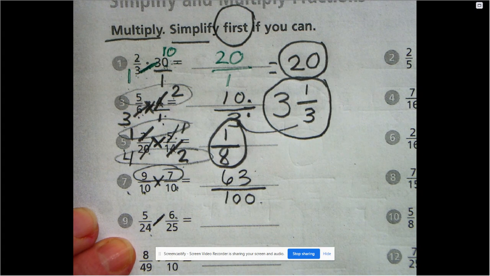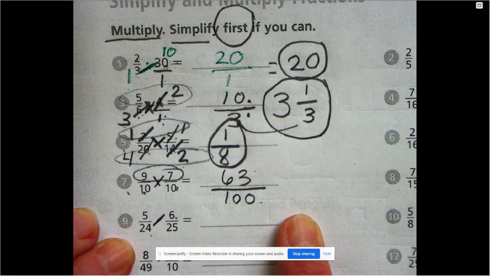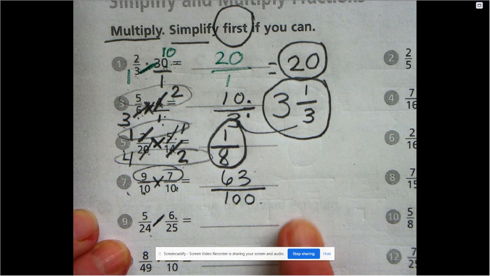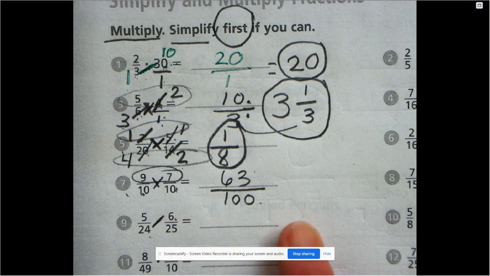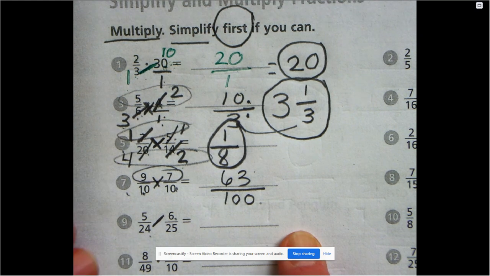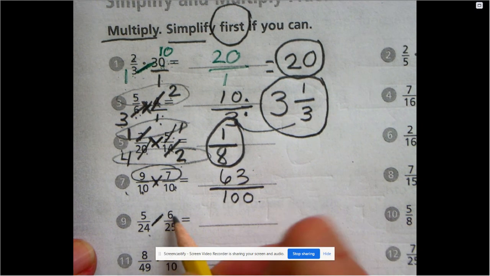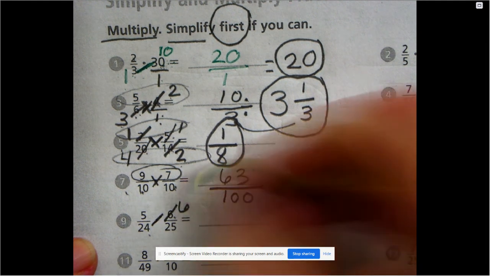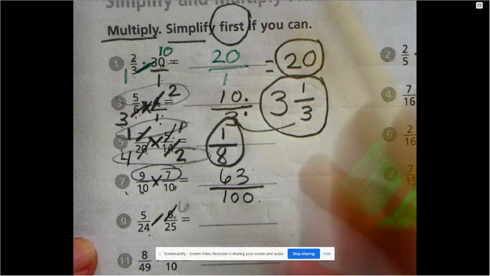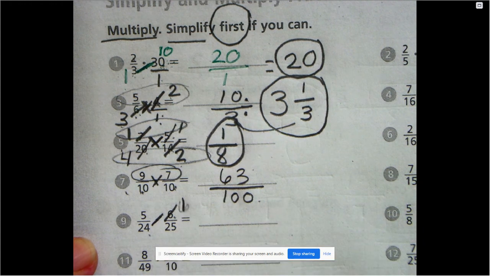Because remember, we could do that too, but then we would have to simplify again at the end. So we always want to use the highest factor, the largest factor. That would be 6. Whoopsies. 6 goes into 6 one time, right? 6 goes into 24 four times.